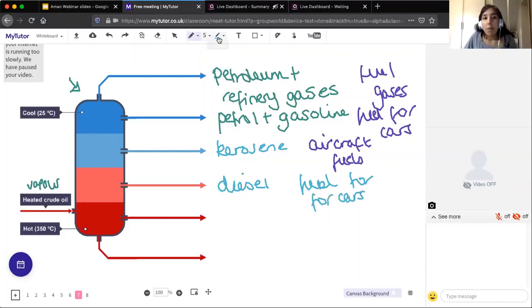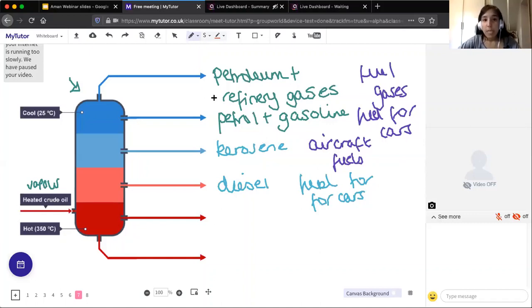Okay, what about the next column? Does anyone know what comes in the next column? So this tends to be for ships. This is fuel for ships. Any ideas what tends to be used as a fuel for ships? So we've got petroleum, we've then got our gasoline and our petrol. It's not coal, so coal is another type of non-renewable source. What could be used here?